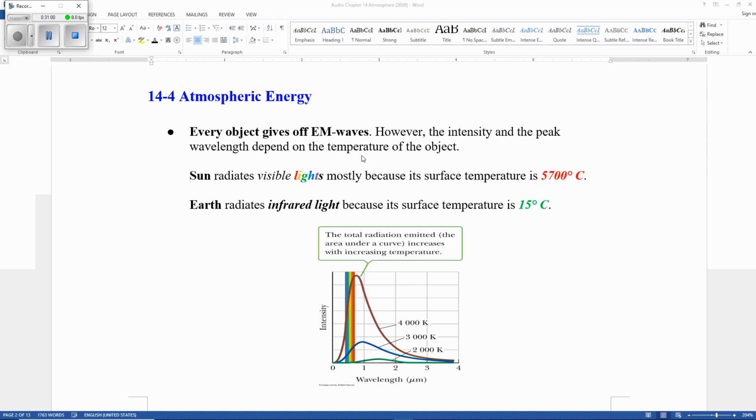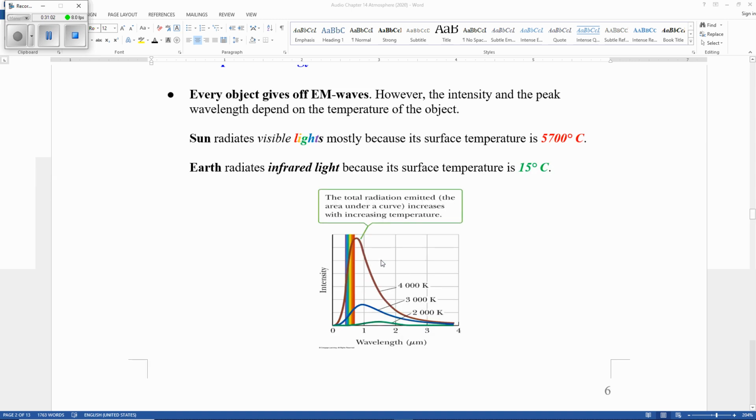Let me tell you what I mean. If an object has a high temperature, it will give very high frequency. For example, this one is about an object temperature equal to 4,000 degrees. You will see the violet color mostly. Now if the temperature drops to 3,000, you're going to see blue at the peak.